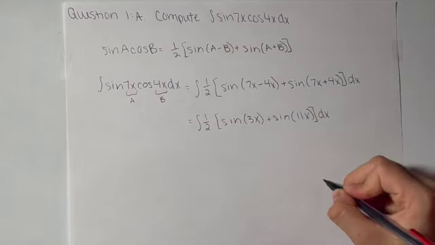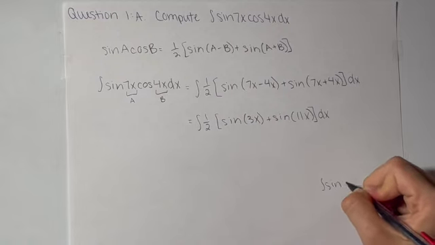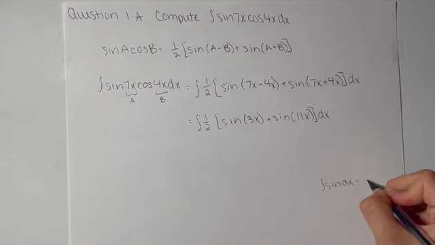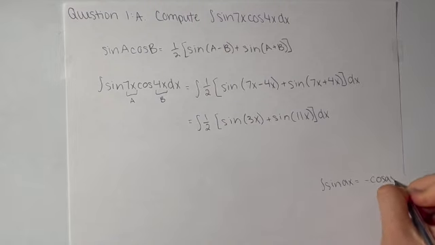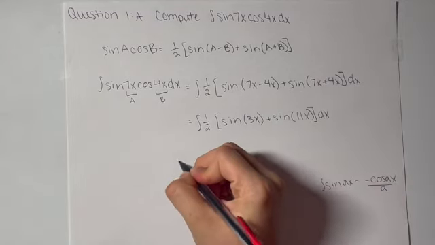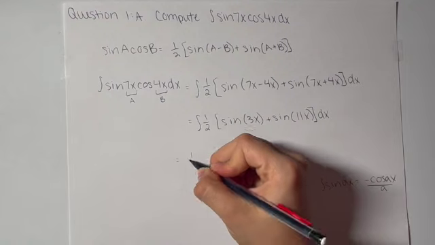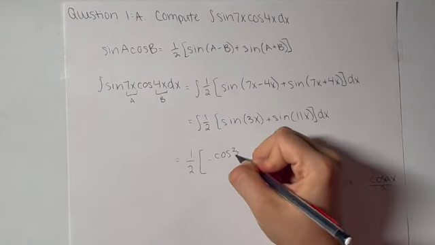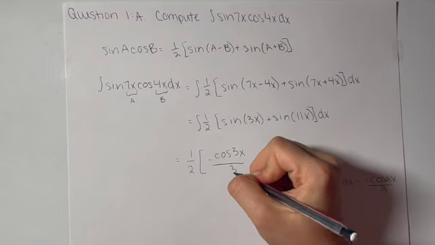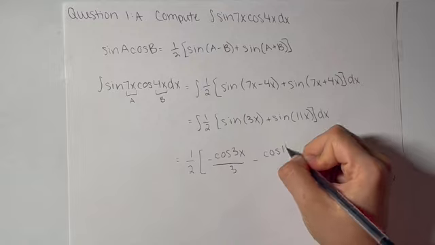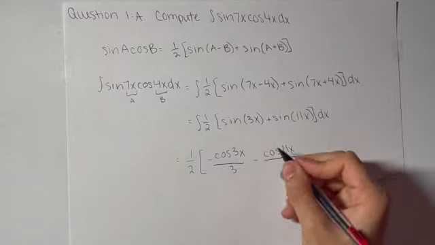We know that the integral of sine ax, a being a constant, gives us negative cosine ax over a. Using this, we can get 1/2 times negative cosine 3x over 3 minus cosine 11x over 11.